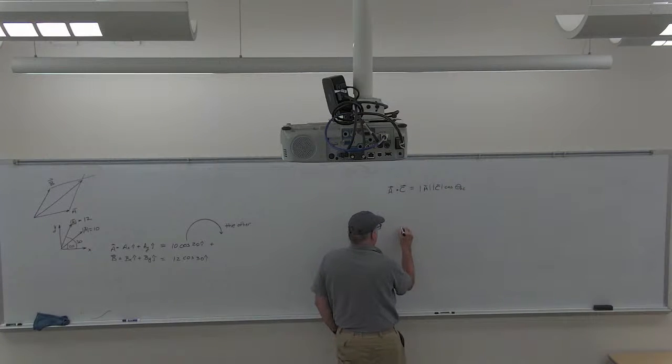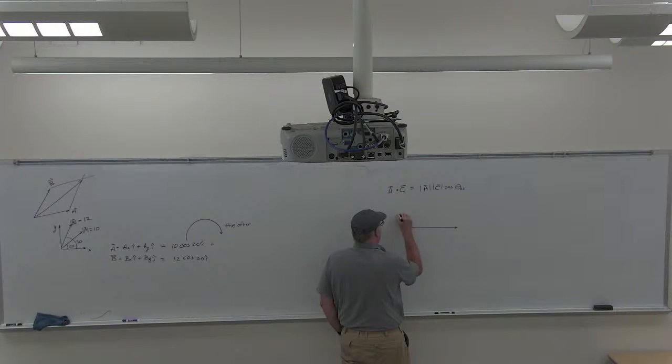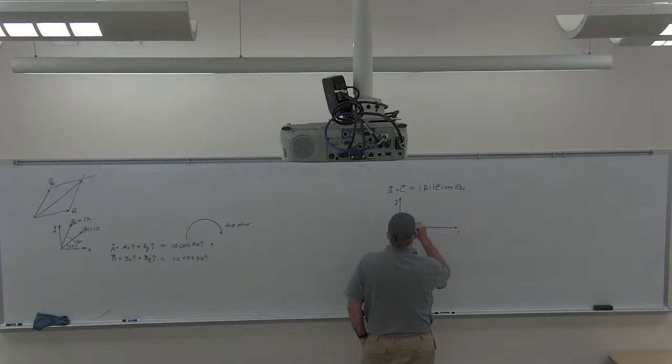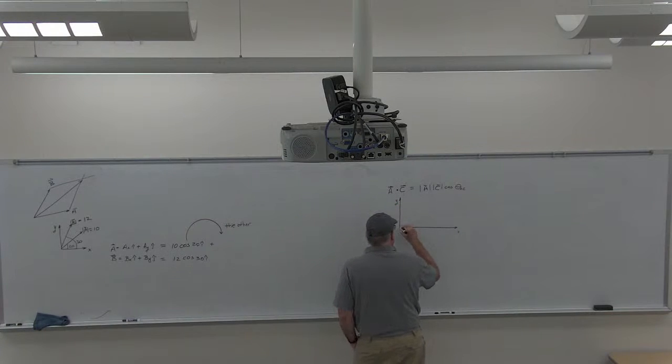Now I'm going to draw the X and Y. Ooh, that kind of tilted, didn't it? So here's my X and my Y. I'm going to stick with my A, which runs out here, 20 degrees. So it's tilted down a little bit more, and it's 10 long.